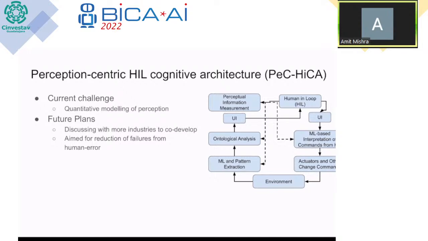Because this can really benefit in terms of reducing the failures from human error, because human error is a broad category that industries use just to say that the human was not attentive. But human beings are not robots. They're not supposed to be at the same level of attentive all the time. How do we make sure that the whole automation system takes the human being also into account?